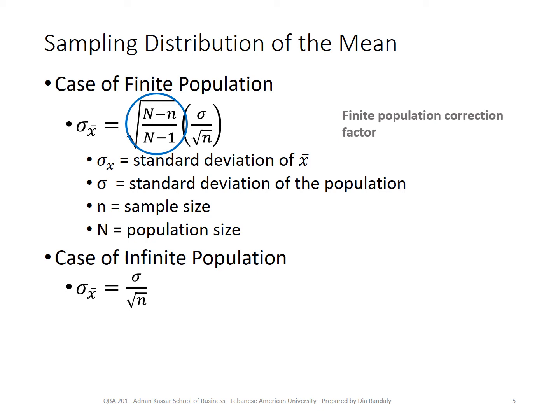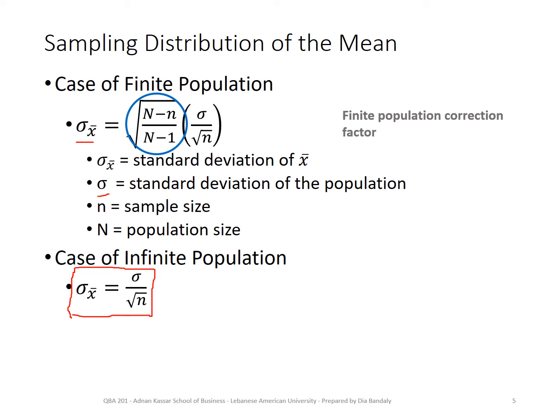Now, what about the standard deviation? We call it sigma of x bar, all right? We have two cases. If we have a finite population, meaning a countable number of values, then we're going to use the first equation. Otherwise, if we have an infinite, very large population, then sigma of x bar is a simple function of sigma, the standard deviation of the population itself.